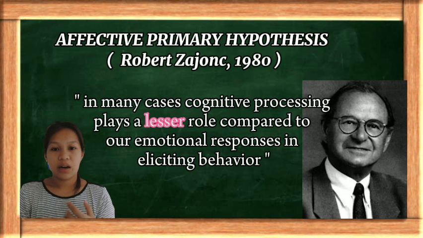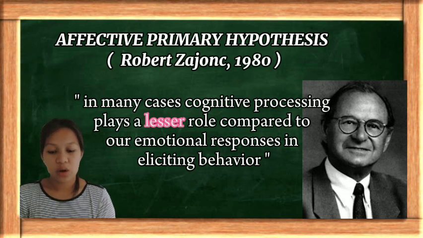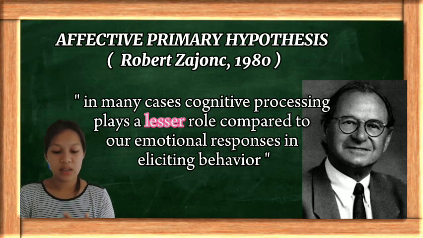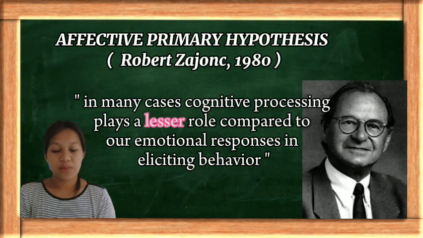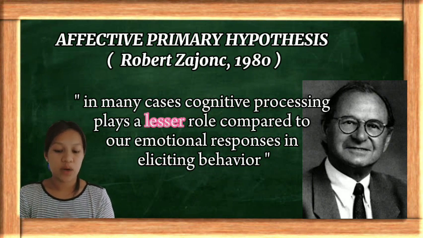He stated that in many cases, cognitive processing plays a lesser role compared to our emotional responses in eliciting behavior. As a result of this theory, our emotions take precedence by nature, owing to the fact that the limbic system is the one that processes and modulates them.